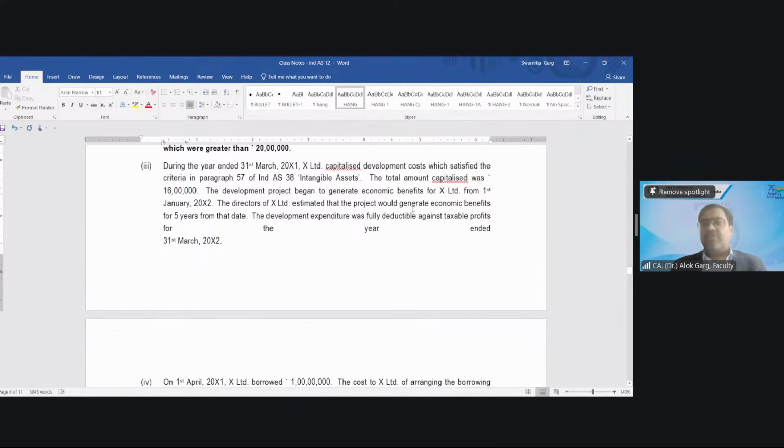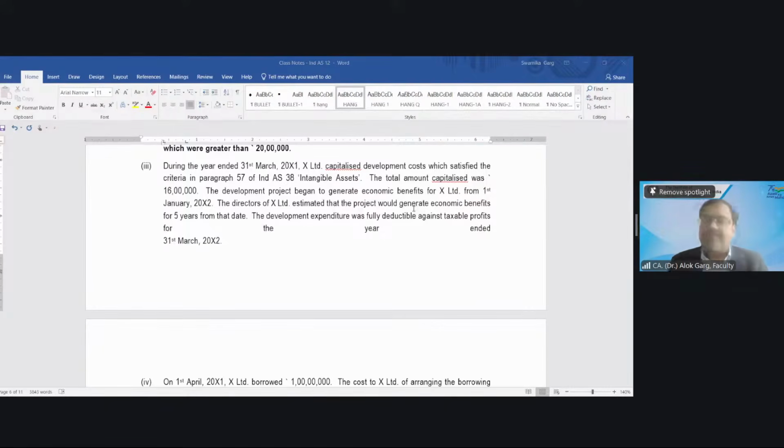So in the year ended 31st March 2002, this asset has given a future economic benefit only for 3 months. When we talk about research and development, and development cost has been capitalized, it means you keep on adding your development cost into the asset. But when the asset starts giving you future economic benefit, you estimate your life. So the life started from 1st January 2002, and in the year ended 31st March 2002 we will charge depreciation only for 3 months.